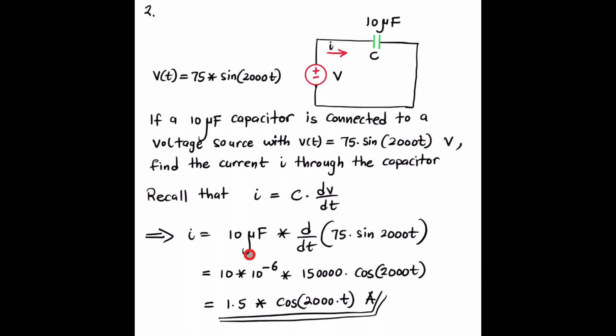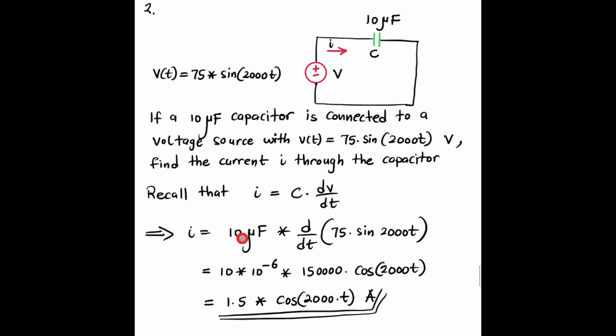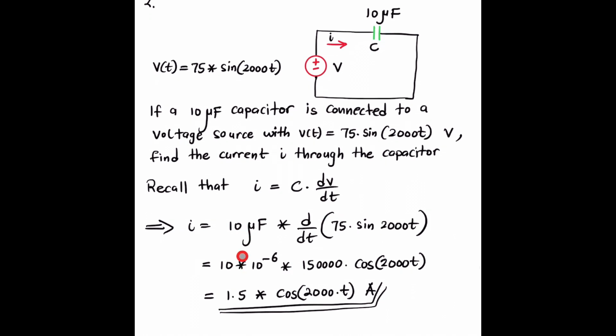Let's look at example 2. If a 10 microfarad capacitor is connected to a voltage source with this voltage, find the current through the capacitor. So we just want to find I. Recall, I is equal to C times dV/dt.